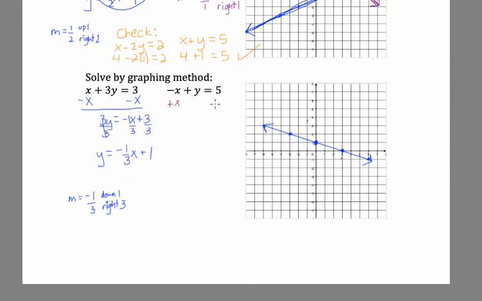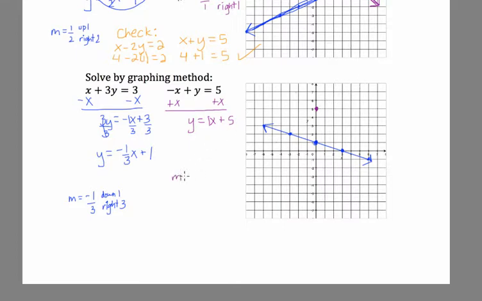Again, change from general form to slope-intercept form. Get the y by itself so that you can graph more easily using the slope and the y-intercept. The y-intercept, the b number, is 5. Make a dot on the y-axis at 5. My m number is 1. You may know that that means a 45-degree angle going uphill, so you could draw that in.